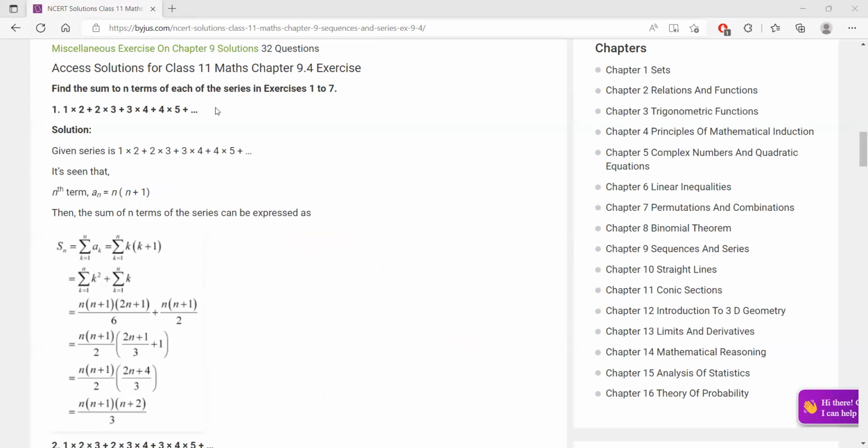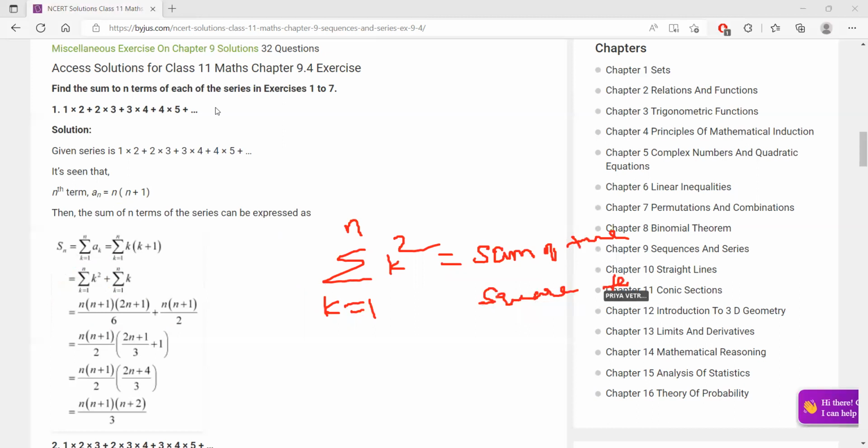And how can you go further? The summation of k square from 1 to n means the sum of the square terms.